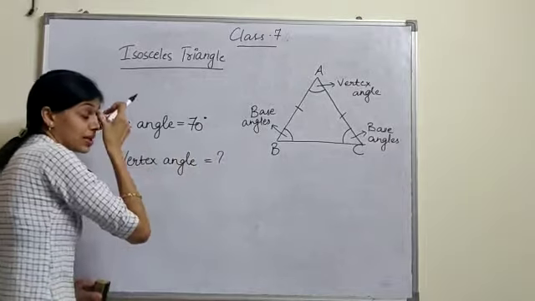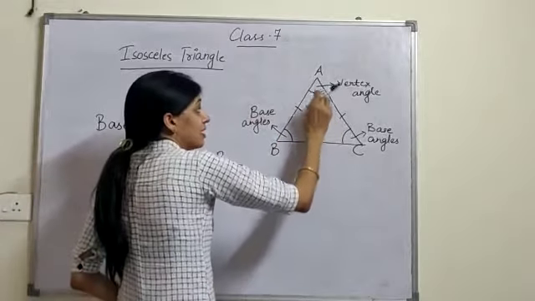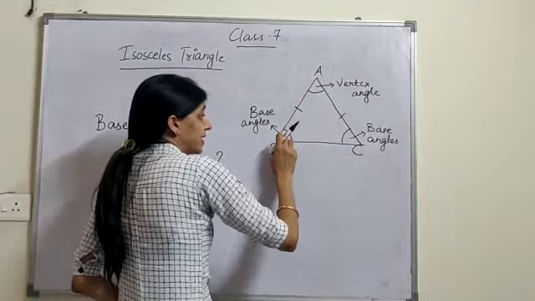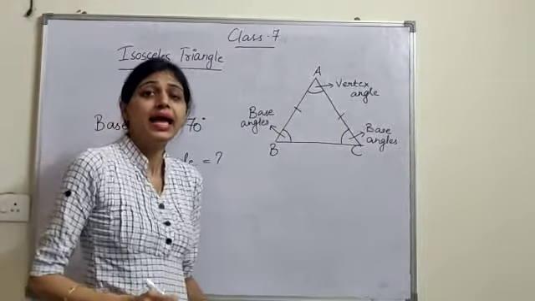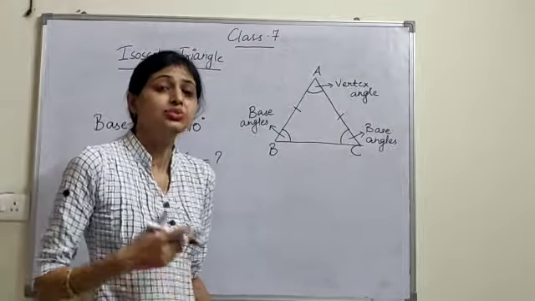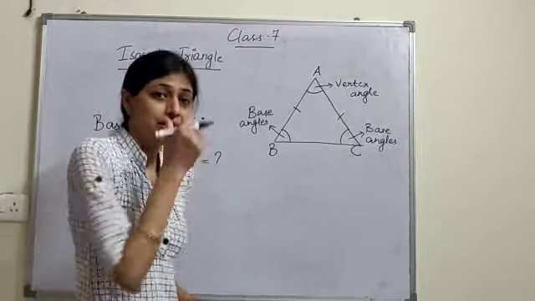Right? So what is the sum of angles of a triangle? Vertex angle plus this base angle plus this base angle equals 180 degrees, the angle sum property. This we have done in the previous videos.